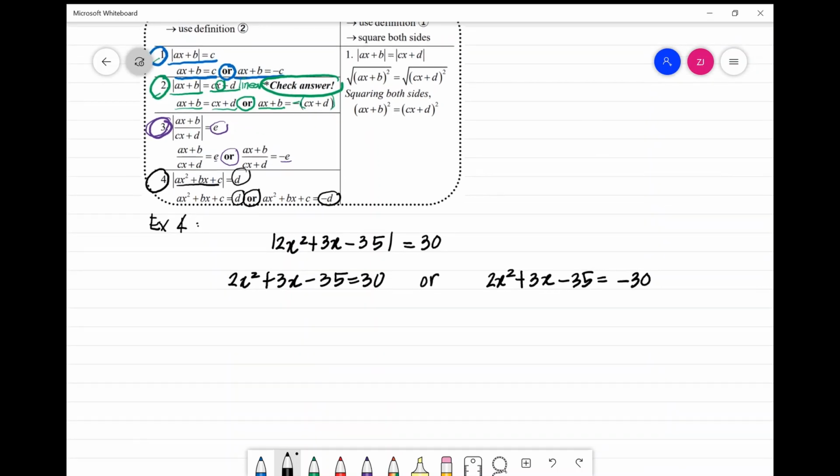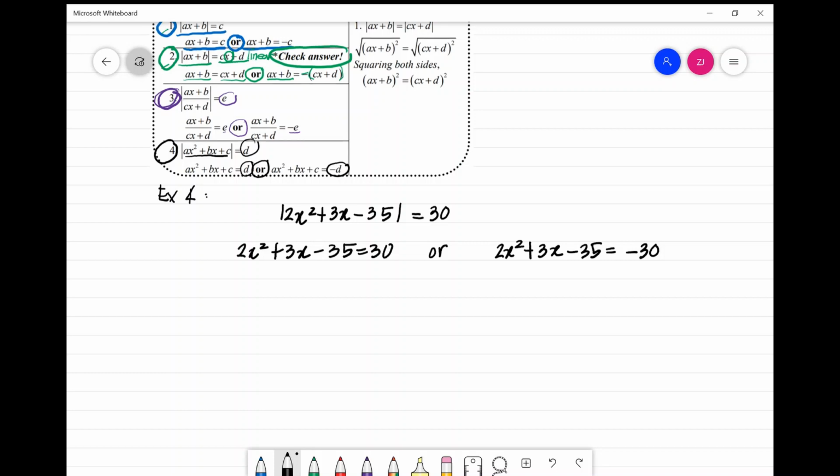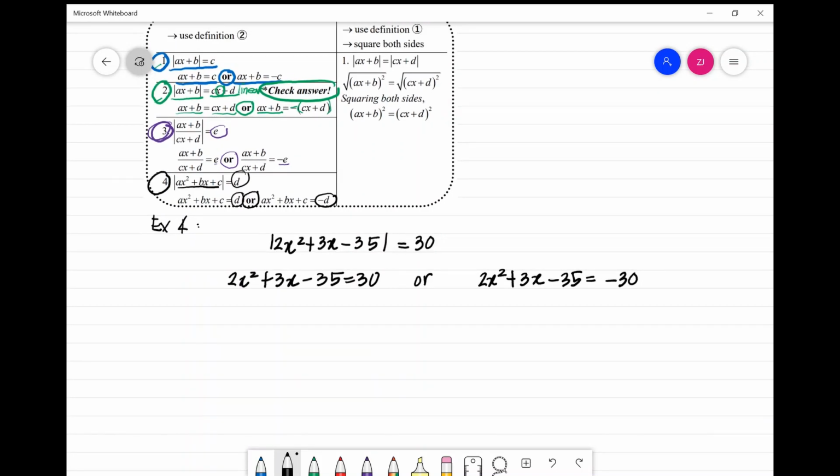Again, we have two equations here, and we solve one by one. First, 2x squared plus 3x minus 35 minus 30 will give us negative 65.